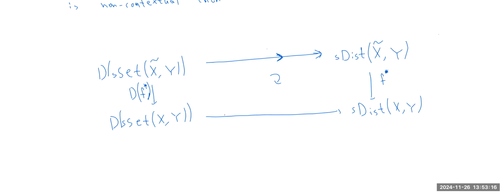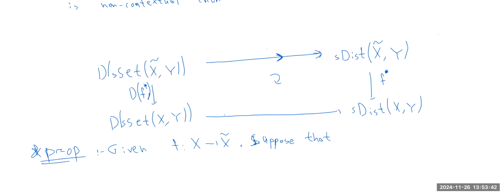Then in this case, we can write a proposition again. So given f from x to x tilde, suppose that x tilde y is a classic.